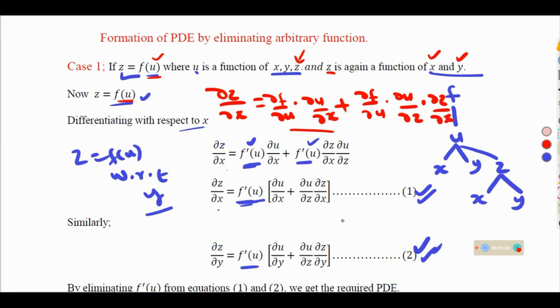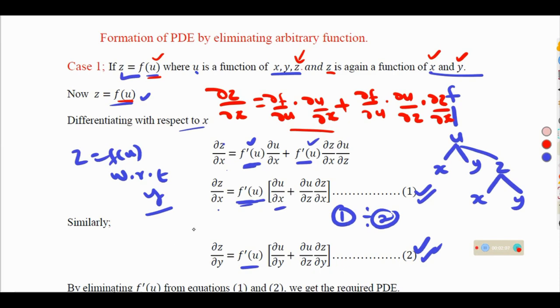For example, when you get 1 divided by 2, you realize that this f derivative will cancel out, and you will possibly remain with partial derivative of z with respect to x, partial derivative of u with respect to x, the same partial derivative of z with respect to x. So you realize that the arbitrary function will be eliminated.